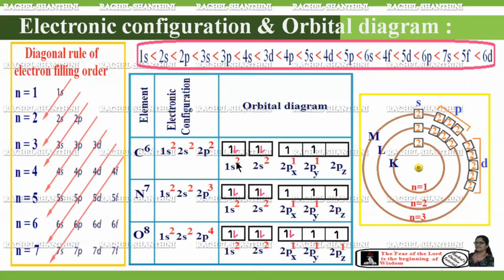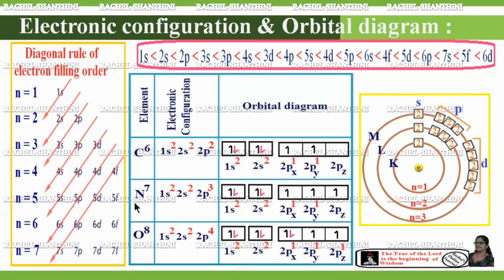So on the whole, 2 electrons in 1s plus 2 electrons in 2s, totally 4, plus 1 electron in 2px, 5 electrons. Then the 6th electron will be in 2py. So on the whole, how much we have? We have 6 electrons. And this is the orbital diagram for carbon 6.